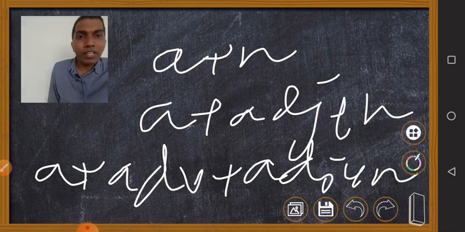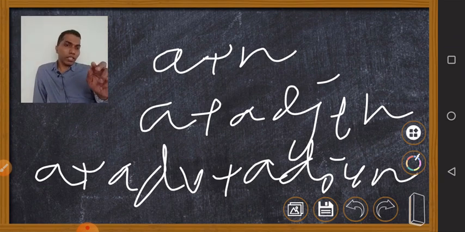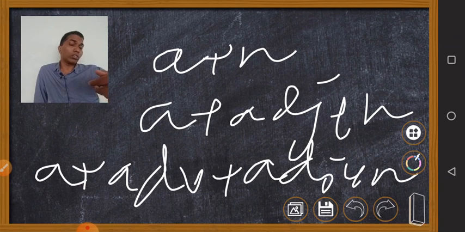Now I have told you what a phrase is. A phrase is a group of words. The second one has started. The phrase has been started by an article, and it ends with a noun. A plus ADJ plus N. A is an article, but between A and N, that is an article and a noun, an adjective has come.